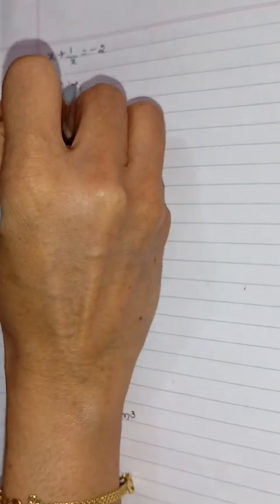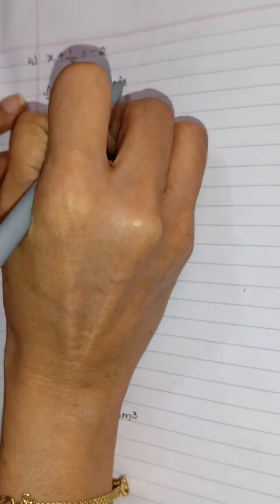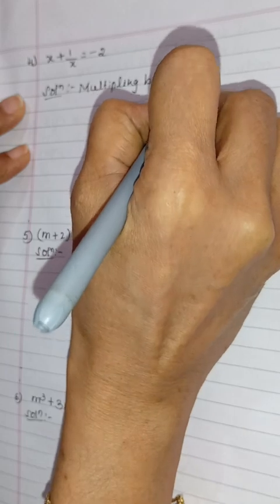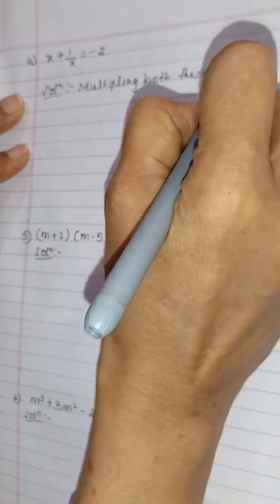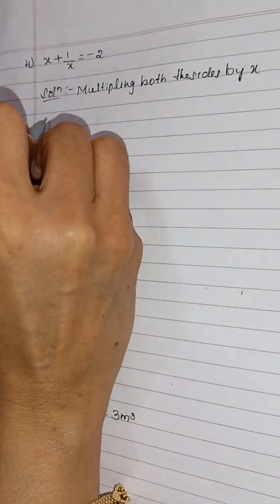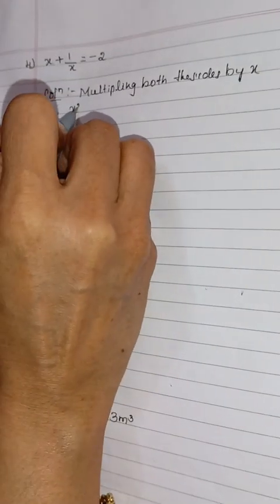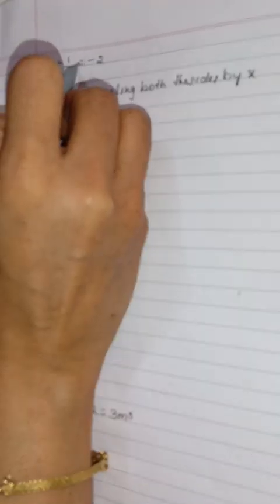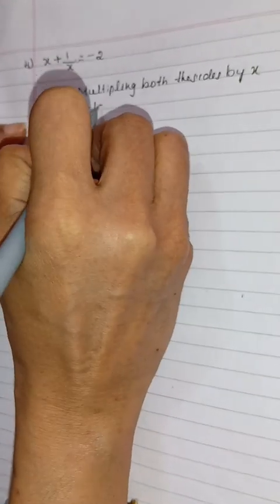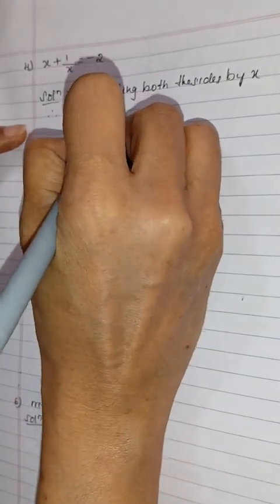Here again, multiplying both the sides by x, we get x multiplied by x is x square, plus 1 by x multiplied by x means x gets cancelled, so remaining 1, equal to, right hand side also we have to multiply with x, therefore minus 2x.